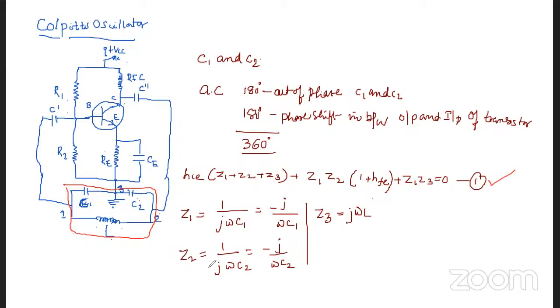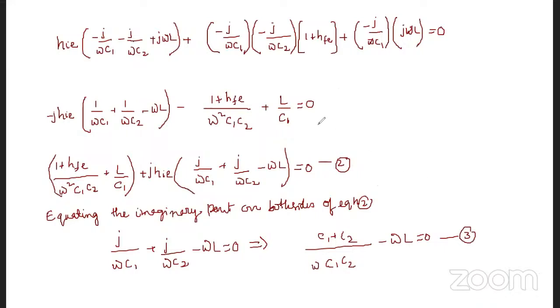Then Z2 is equal to 1 by j omega C2, which is minus j by omega C2, and Z3 is equal to j omega L. Substituting the values of Z1, Z2, Z3 in equation 1 and rewriting, we get equation number 2.